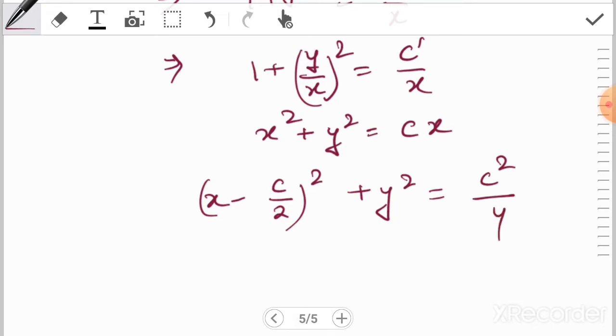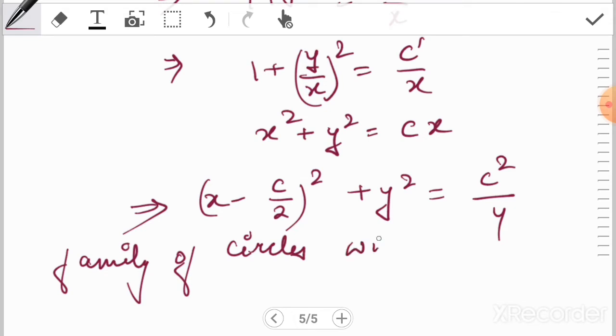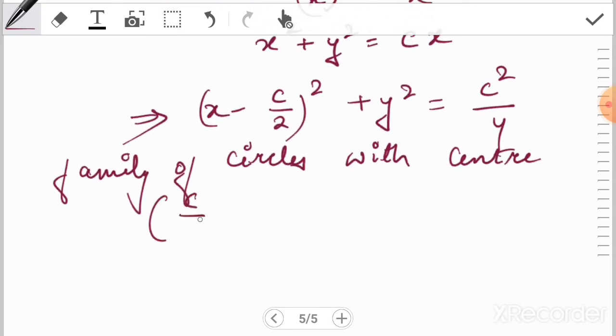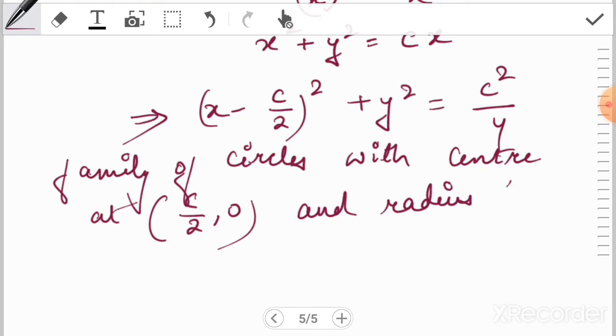So this general solution represents a family of circles with center on the x-axis at c by 2 comma 0 and radius c by 2, right?